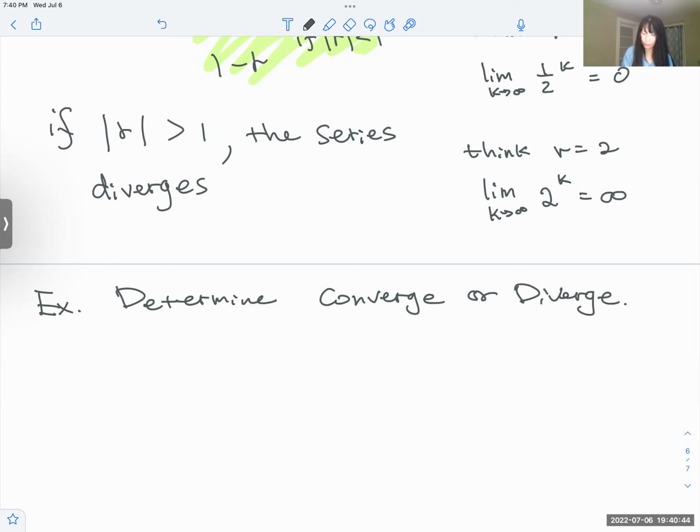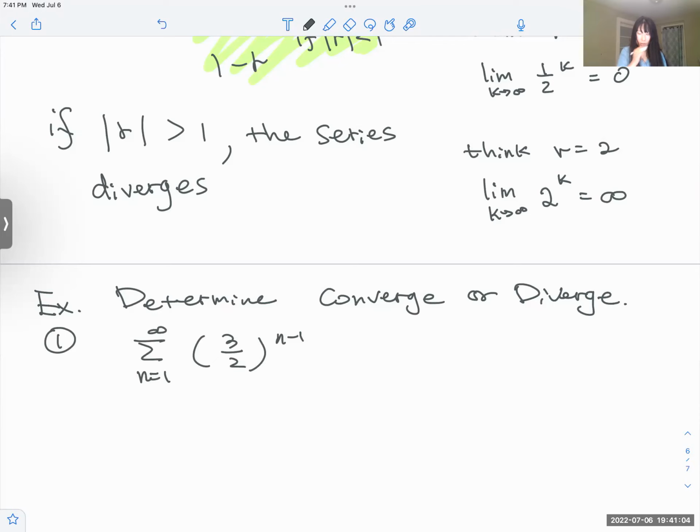So we have the first one, the series from n equals 1 to infinity of 3 over 2 to the n minus 1.